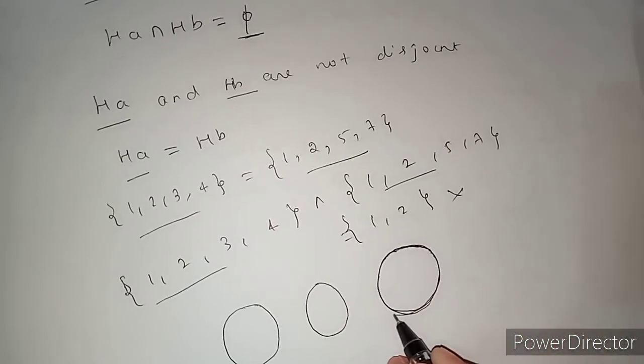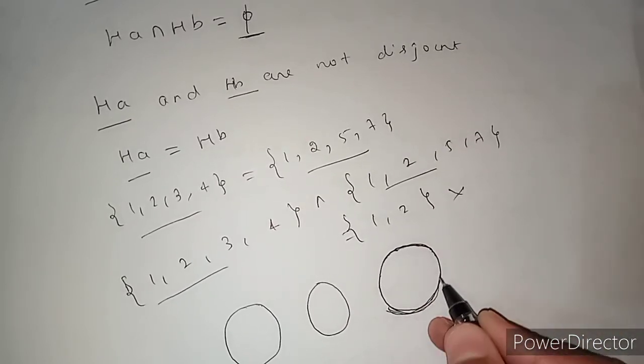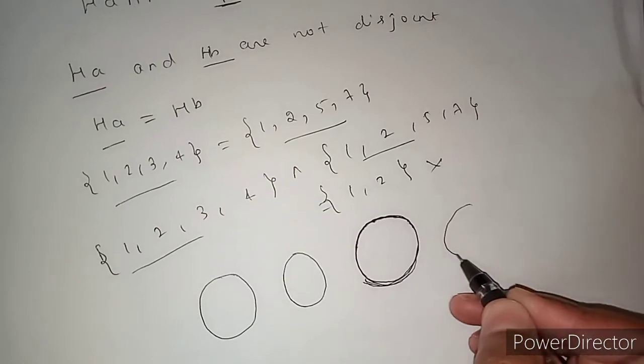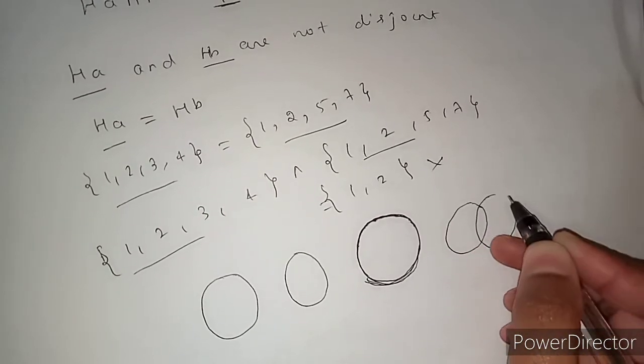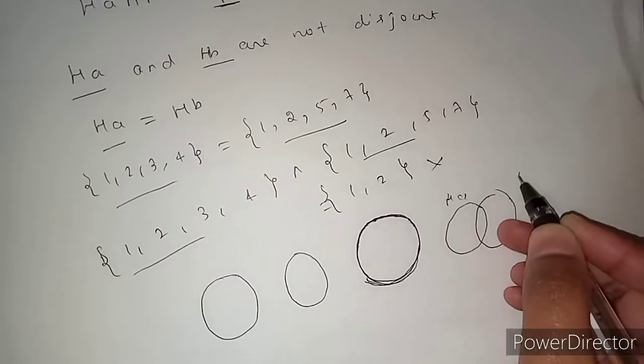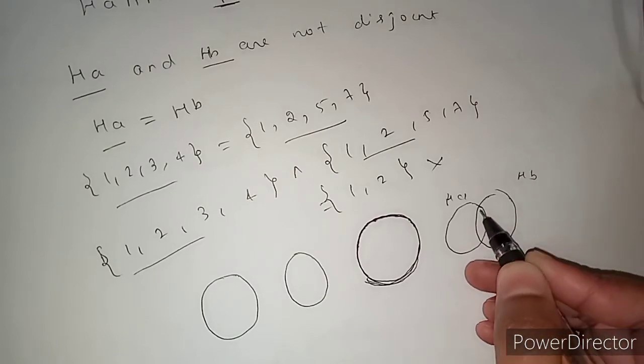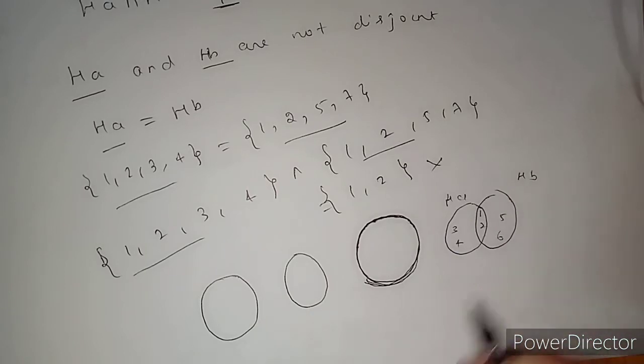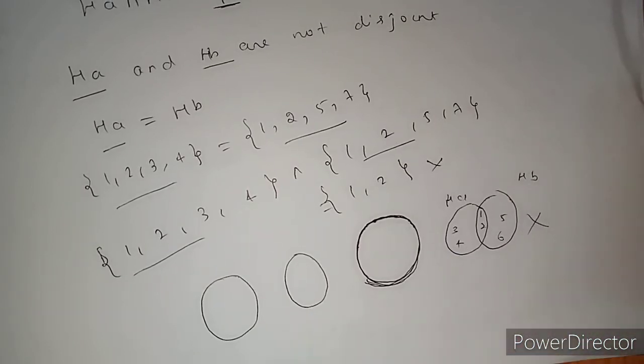That means Ha and Hb contain all the elements as common. This is not possible here. See, here this is Ha and this is Hb. These two contain 1, 2 as common elements and 3, 4 are left here and 5, 6 are left here. This is not possible in right cosets. Okay, this is applicable for left cosets as well.